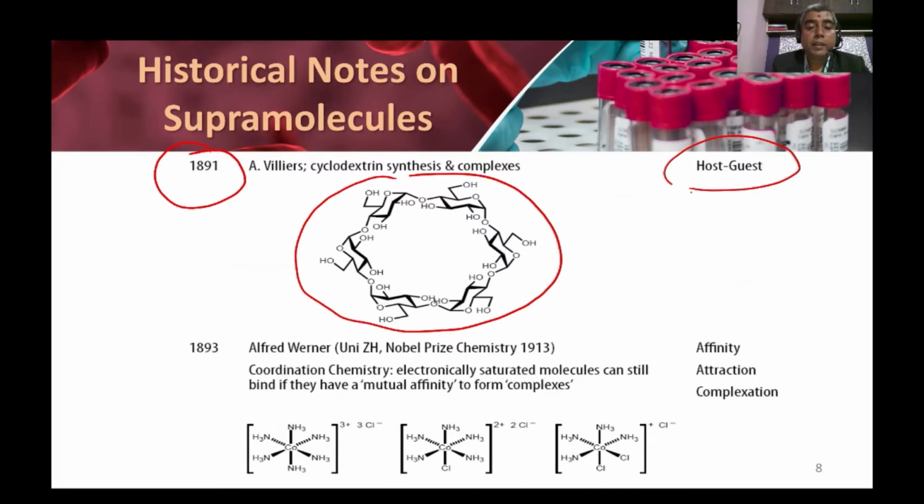In 1893, Alfred Werner said that electronically saturated molecules can still bind if they have a mutual affinity to form complexes.